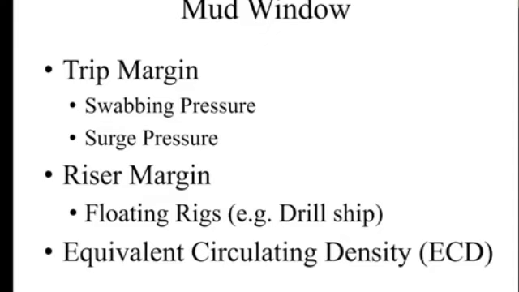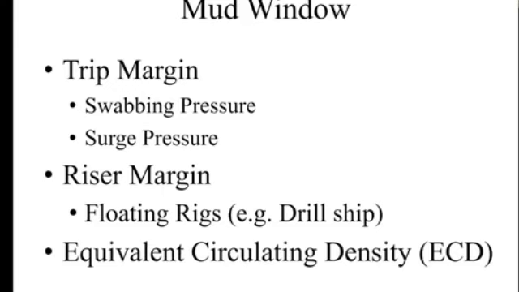And also the cross-sectional area between the drill string and the pipe. So the larger the cross-sectional area, the smaller the velocity of the fluid, and the smaller the cross-sectional area, the higher the velocity of fluid. So these are the factors which basically affect the trip margin. And we need to do the calculation if we want to calculate the actual swabbing or surging pressure.